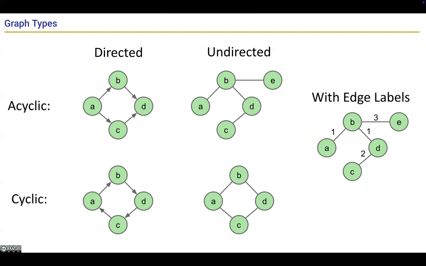This is also acyclic. I can go from A to B, from B to E. I can't get back to A, so there's no cycle in there. I can travel the same path, but I can't travel a distinct path back to A.